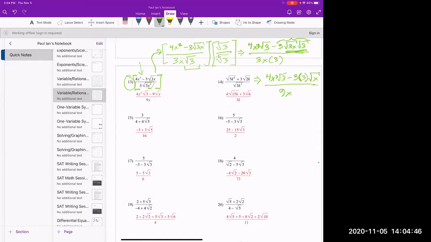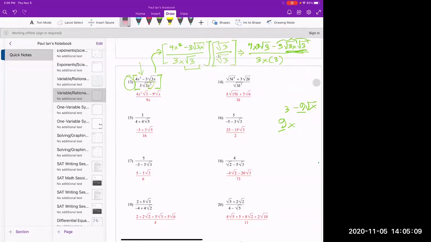Yeah. So that's it, and then you just simplify. It's 4x root 3 minus 9 root x over 9x. Sometimes when you see something outside the radical, if they simplify, you can cancel. But in this case they don't simplify, so you can just leave it this way. Yep, and that's pretty much that.